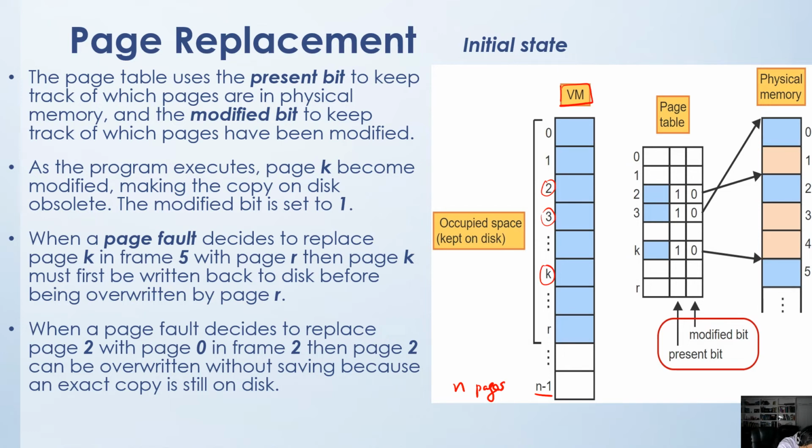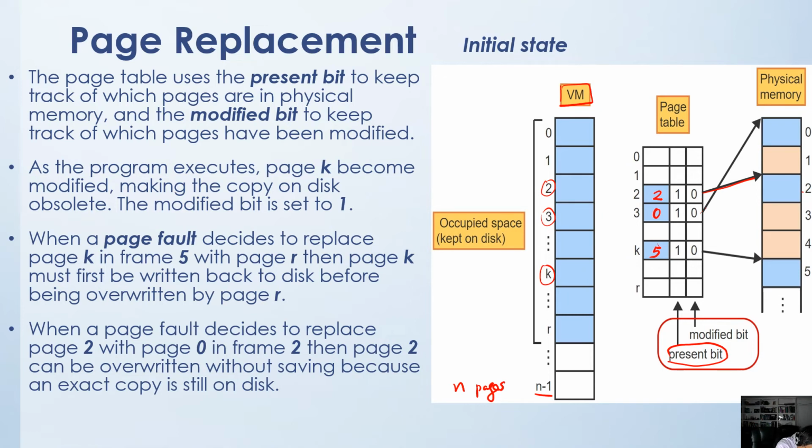So now page 2 is mapped to frame number 2, right? Page 3 is mapped to frame number 0. Page K maps to frame number 5. Okay. Now remember, we use the present bit to indicate which pages are resident in the memory.